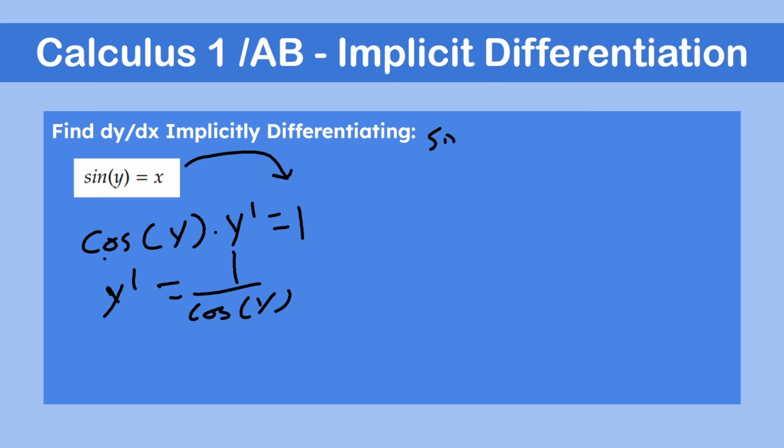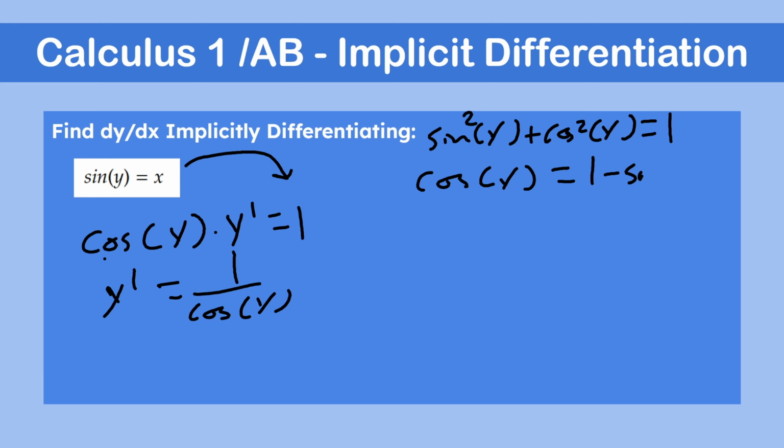We can use the Pythagorean identity, sine squared y plus cosine squared y is equal to 1, and solve for cosine y to say that cosine y is equal to the square root of 1 minus sine squared y. But as you can see here, sine y is equal to x, which means the square of that would be equal to x squared.